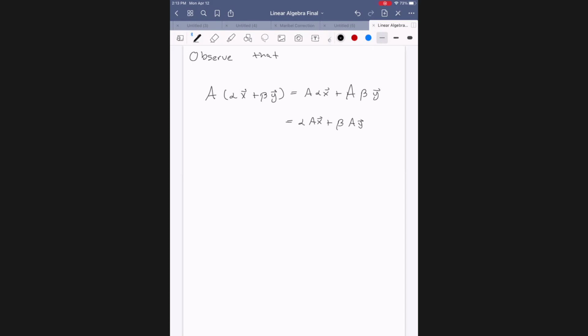It satisfies the condition that we have for a linear transformation, and this gives you another vector. Multiplication by matrices gives you another vector. So matrices are linear transformations.